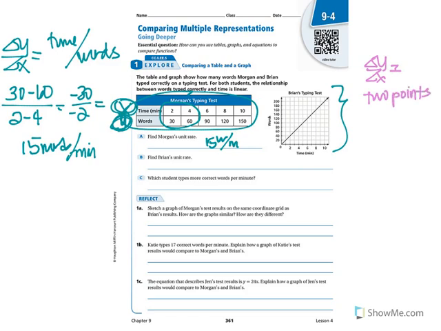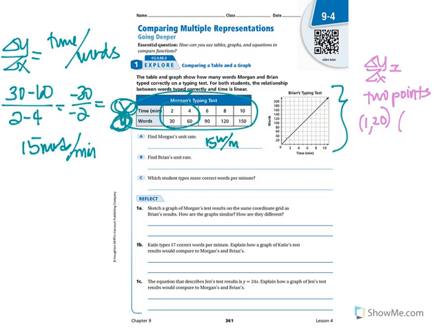Okay. All right, so what I'm going to look for are points that go through your grid lines here. So it looks like I can use, looks like that's 120. So in 1 minute, he types 20 words a minute, which ends up being my unit rate, okay? But even still, I can pick a second point as well.